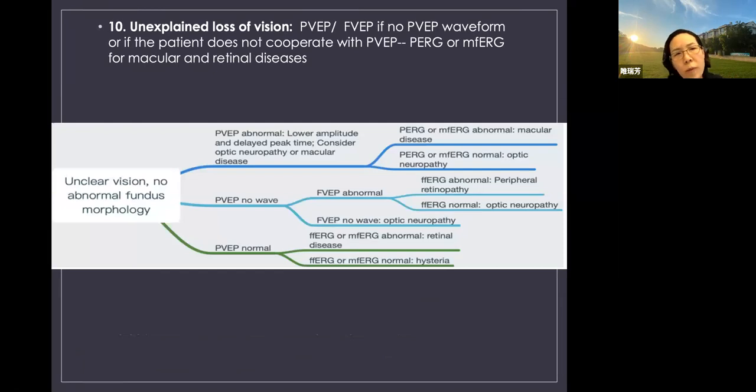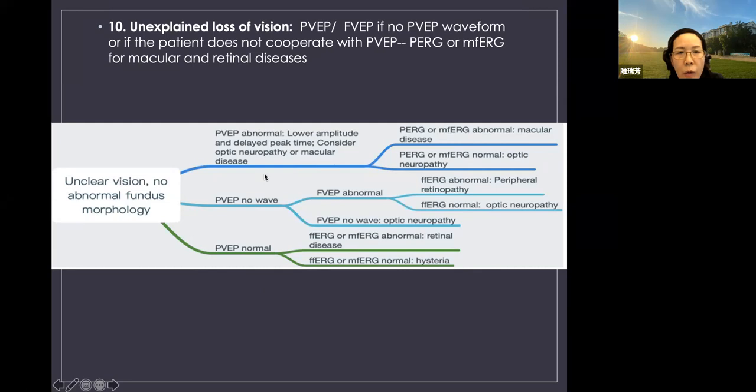We have a group of patients who come to the clinic, but we do not have a clear clue why they have poor vision, why their visual acuity is lost or not good. If we have a normal-looking fundus but poor visual acuity, we always follow this flow chart.